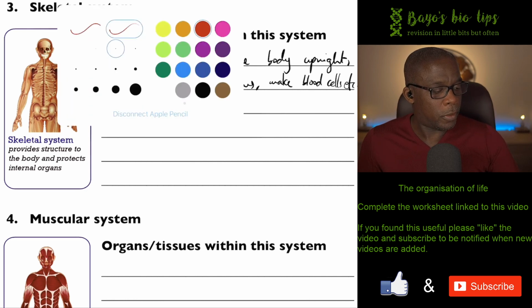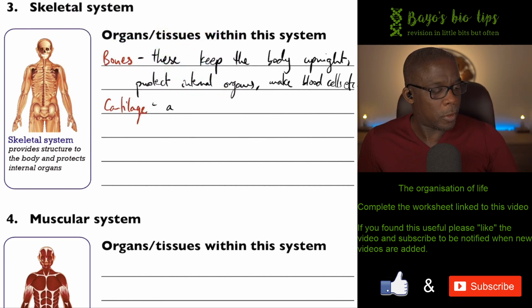And this is softer than bone. And it forms structures like the nose, for instance. So parts of the nose are actually kept upright or given their structure by the presence of cartilage.